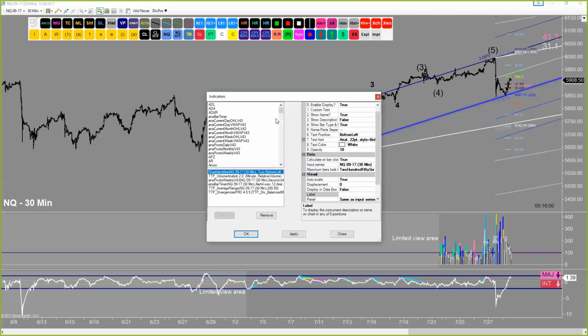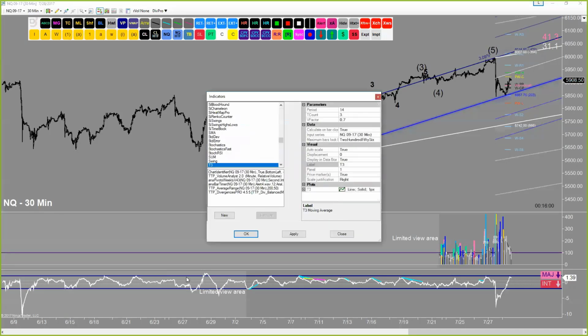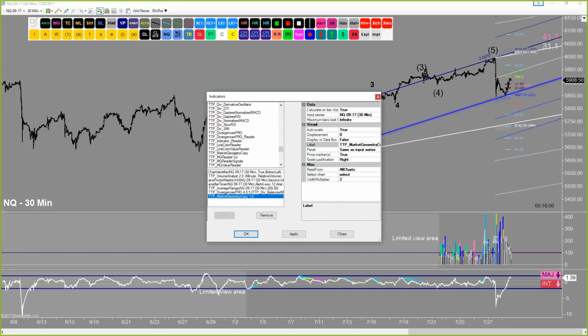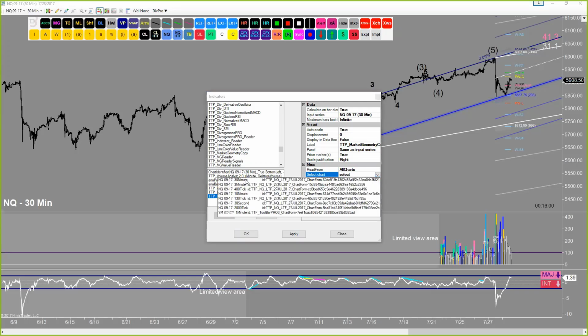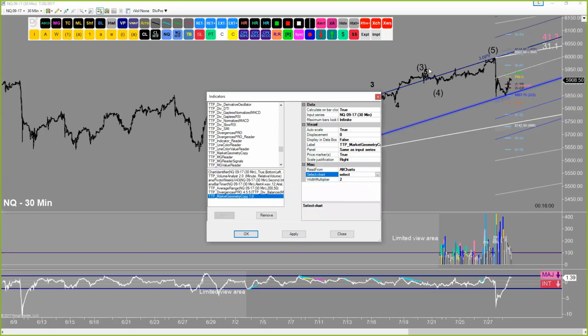We actually built out an indicator that will copy them. So this is the market geometry copy, and you can read it from the charts on this workspace or the charts on any workspace. And then you simply select the chart that you want to copy from, and it will copy all of the areas from any chart to the chart that you specify.